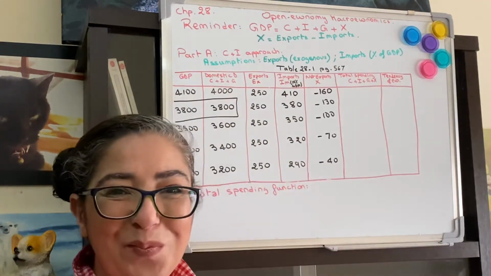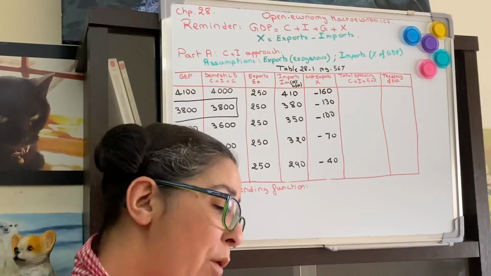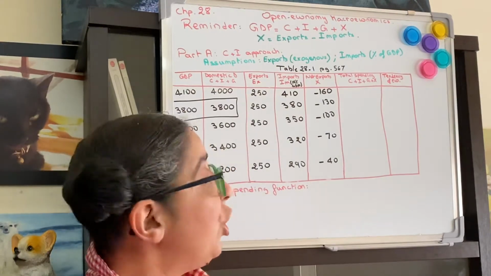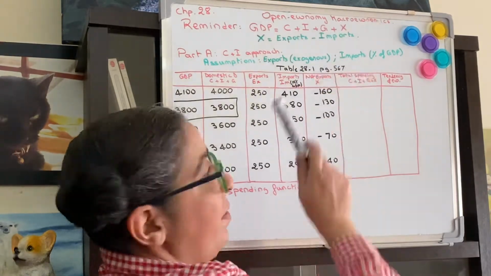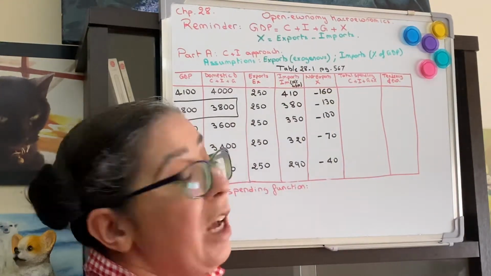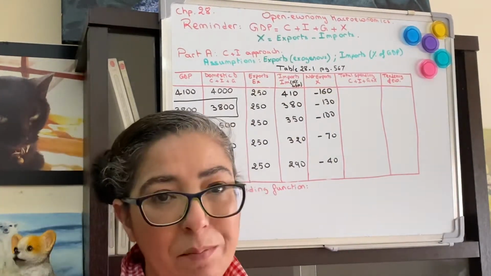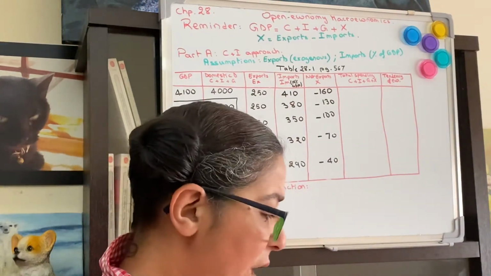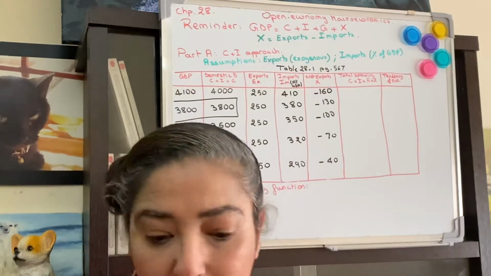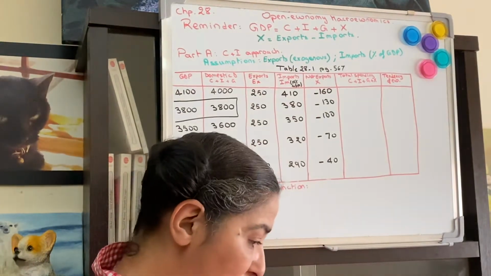Okay, guys? So now we're going to use the C plus I approach, meaning I'm going to use C plus I plus G plus X to see how much is my whole demand. Calculated already in the book, so I'm just going to copy. I need to take off my glasses to copy because I don't see.